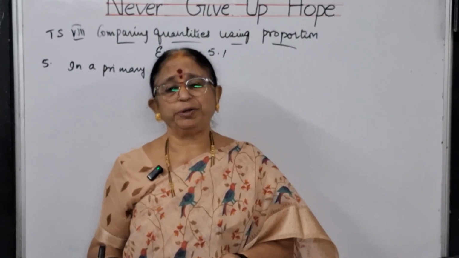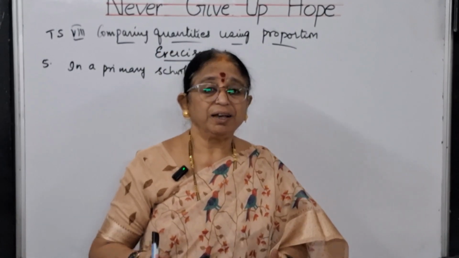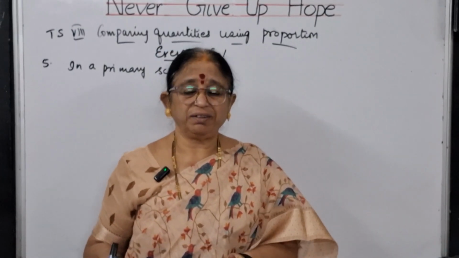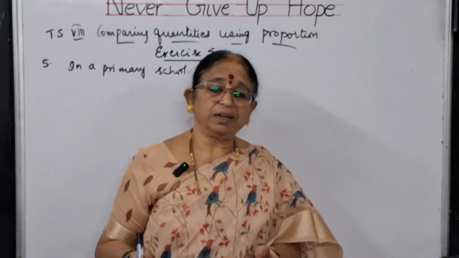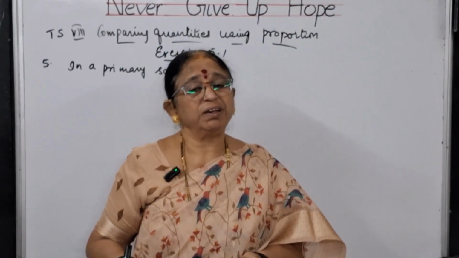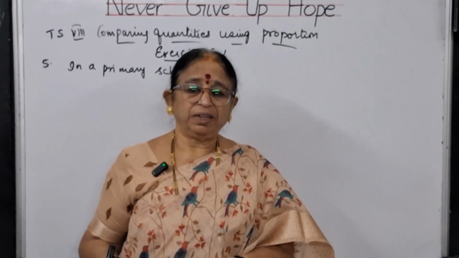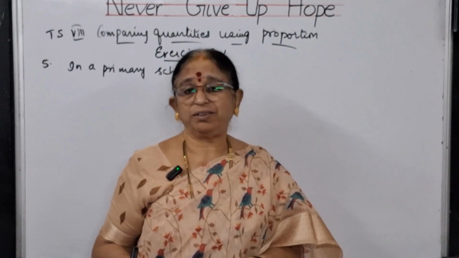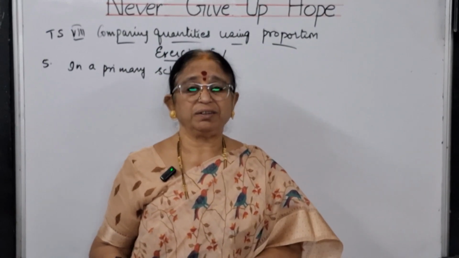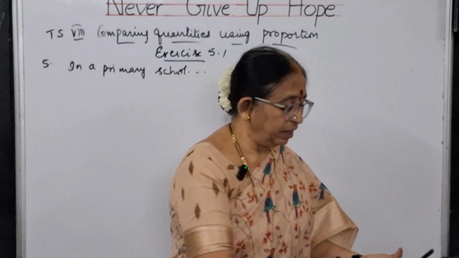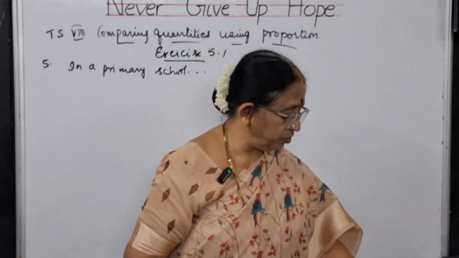So the management of the school has made a firm decision that we will be taking 3 teachers for every 60 students. They have got admission of 400 students. So how many teachers do they need to take? That is the question here, children.